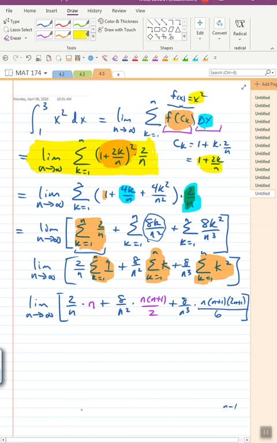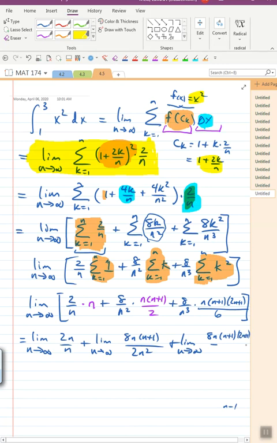Alright, now, you don't have to go this far, but again, I'm trying to give you a real thorough example here. So I'm going to say this first part is limit n goes to infinity of 2n over n plus limit n goes to infinity 8n(n plus 1) over 2n squared plus limit n goes to infinity 8n(n plus 1)(2n plus 1) over 6n cubed.